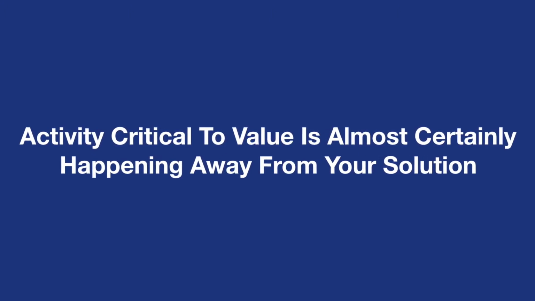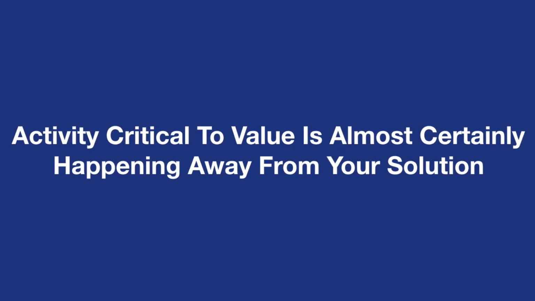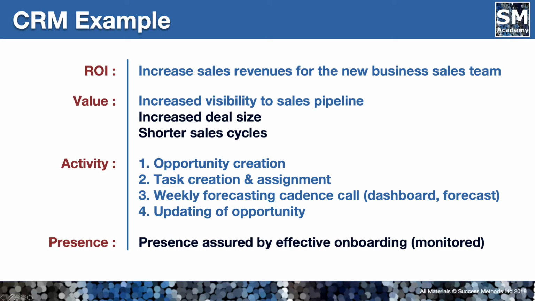You can't really tell if it's happening or if it's happening well. But your customer has to understand that this is a critical part of the process, has to understand what the best practices are, and make sure that they work with their sales leadership to embed these across the organization. And of course, none of this can happen without presence.